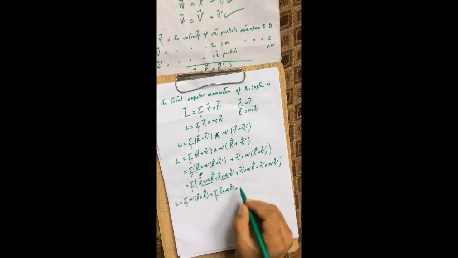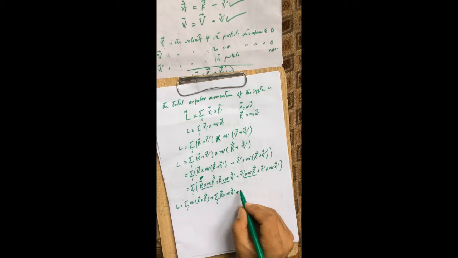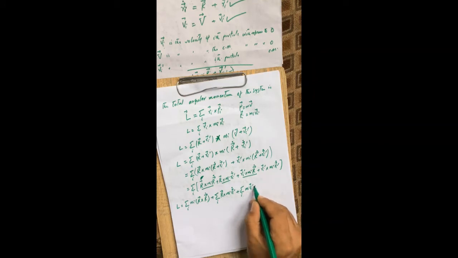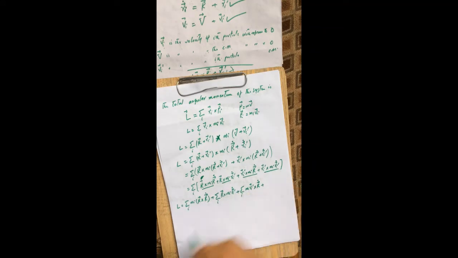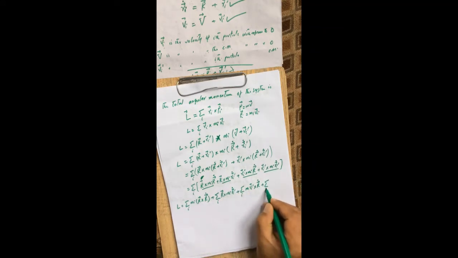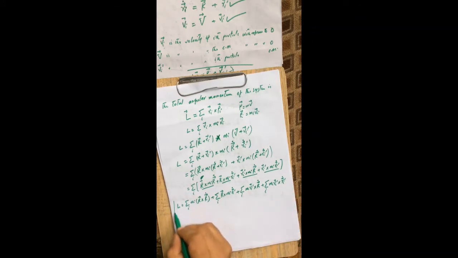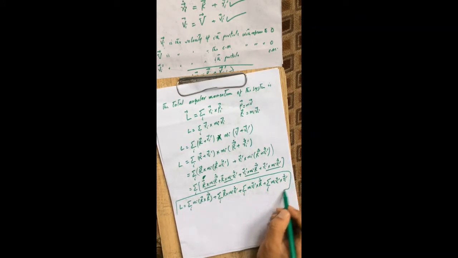Then for the next terms, the sum over i of Mi Ri prime cross R dot, plus the sum over i of Mi Ri prime cross Ri prime dot. So this is the total angular momentum of the system of particles.